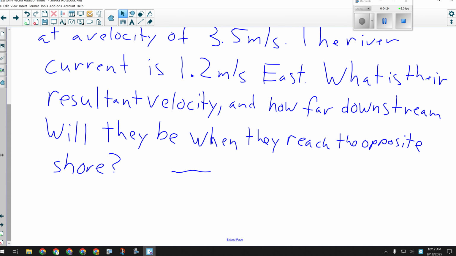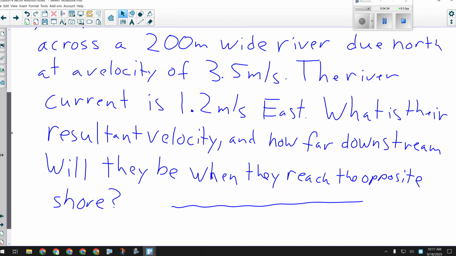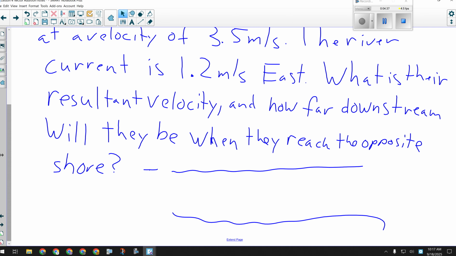Here's my river, and here's the things I know. The river is 200 meters wide. So I know that when the person gets to the other side, they will have traveled 200 meters across.